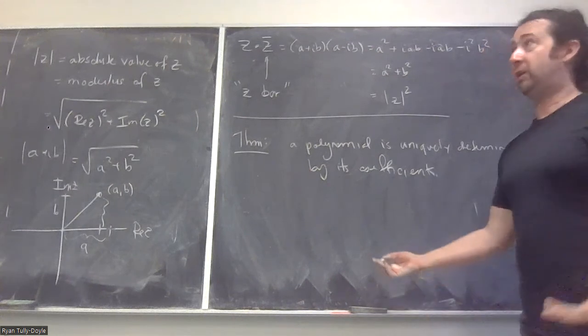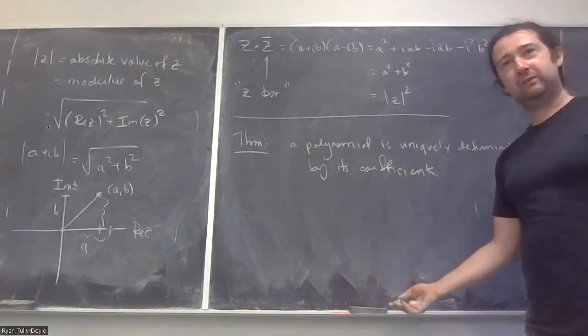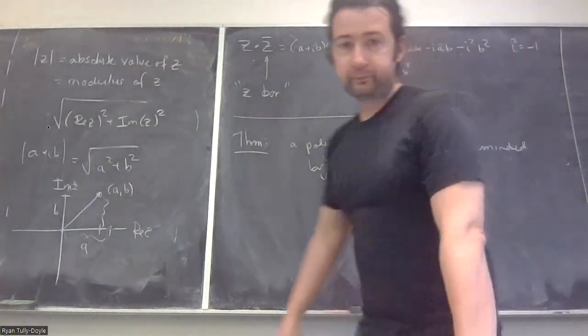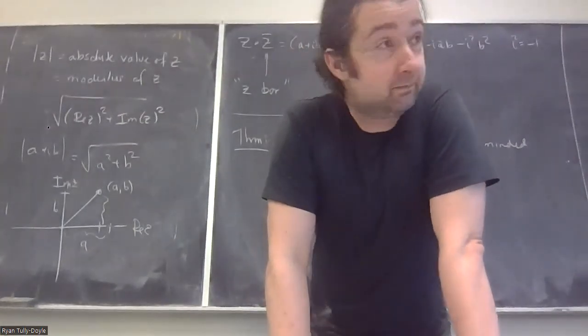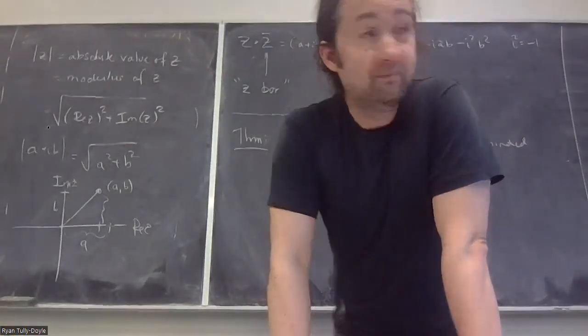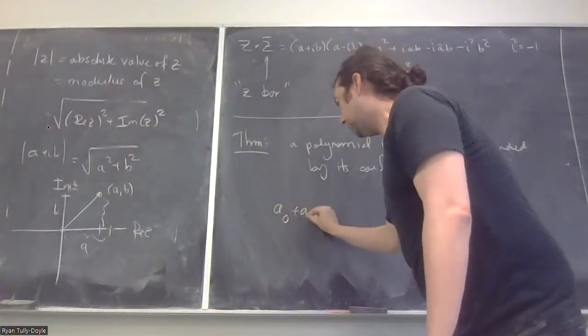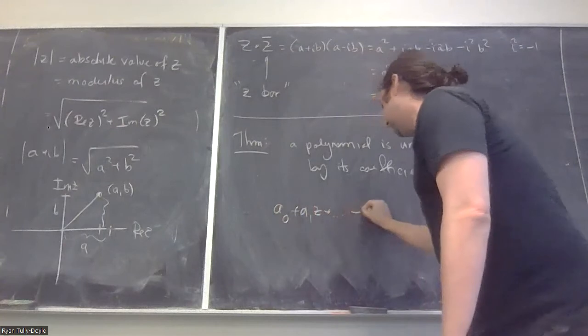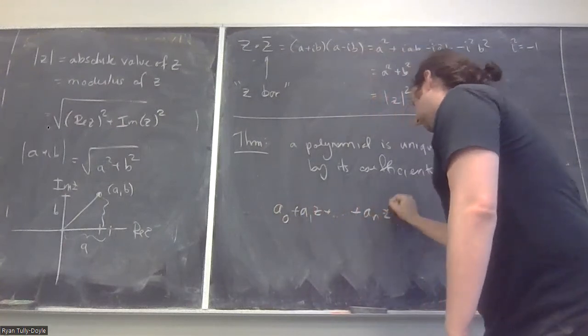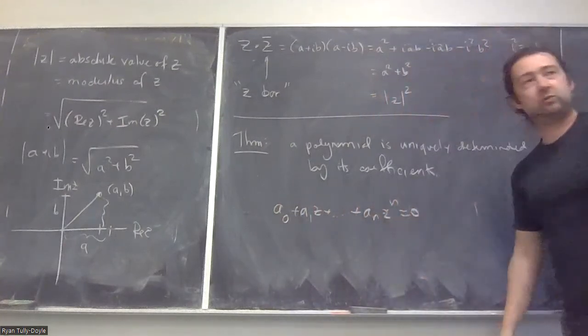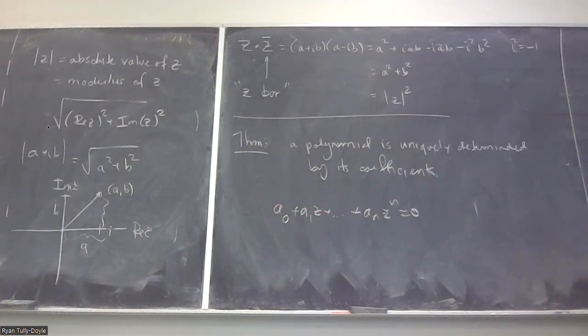This is actually implied by the isomorphism theorem. This almost seems like numbers are unique. The idea here is, imagine you wrote down a naught plus a1 z plus up to an z to the n is equal to 0. If I tell you that statement is true, what can you tell me about the a's? It's a basis for the space of polynomials, right?